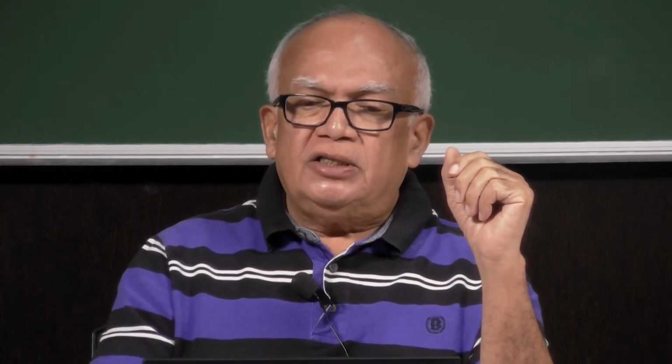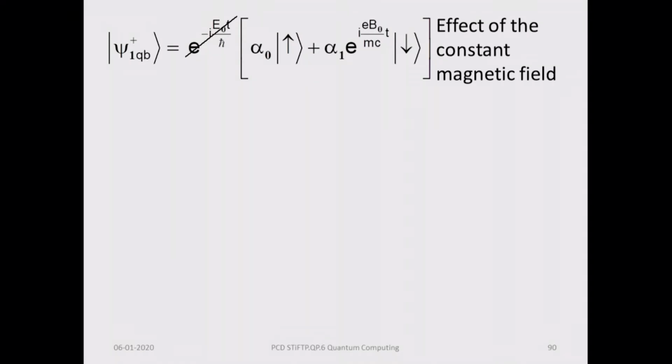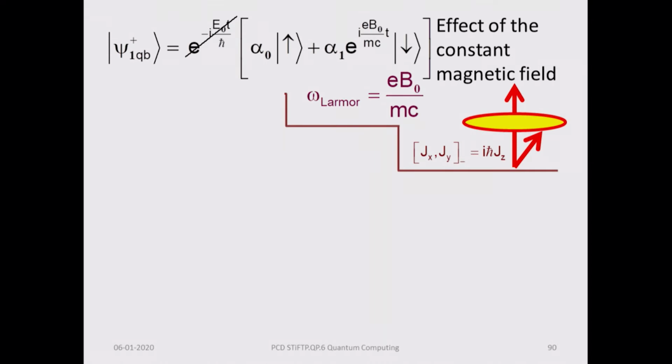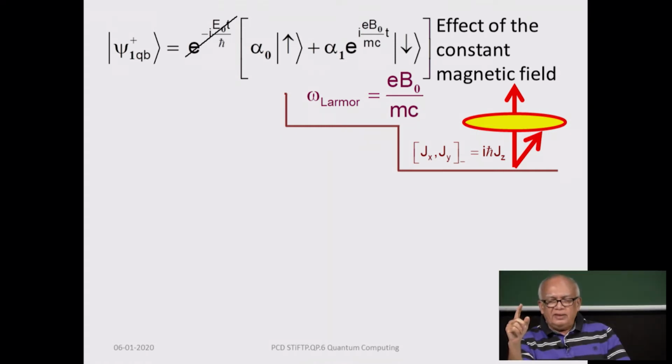So you apply a transverse field. So this is what you have on the application of a constant magnetic field, and you have the angular momentum precessing about the z axis, about the direction of the magnetic field. Now this is a cartoon. You have to remember that this object is a quantum object, and it is coming simply from the fact that the spin projections along x and y cannot be measured simultaneously.